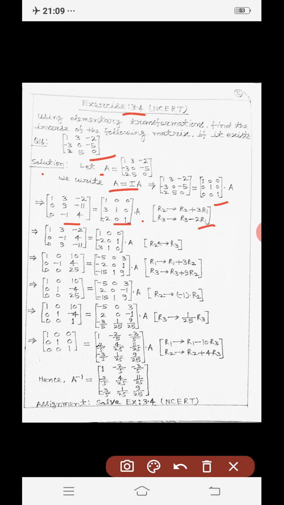Here we use it on the left side as well as on the right side also.